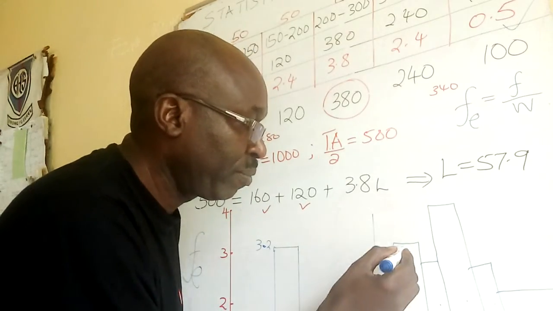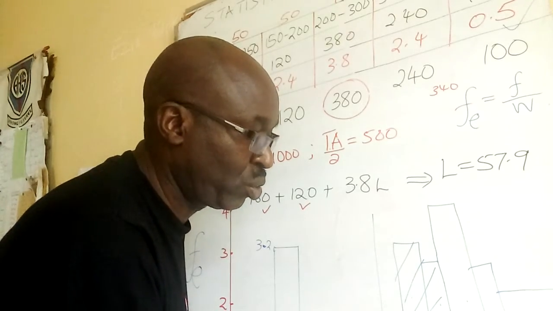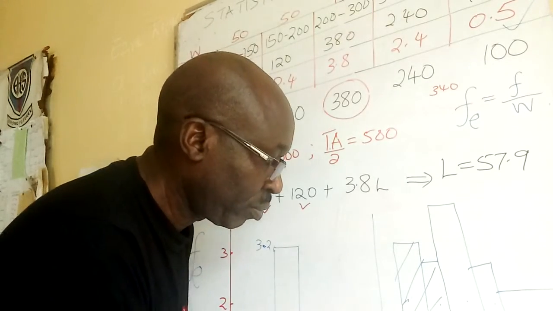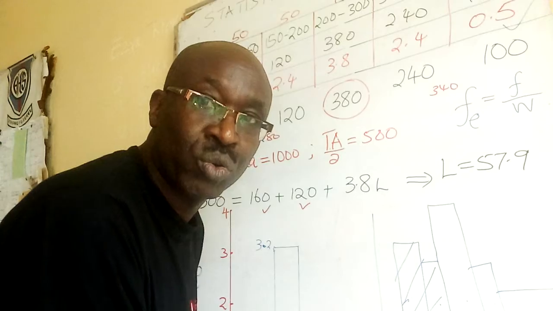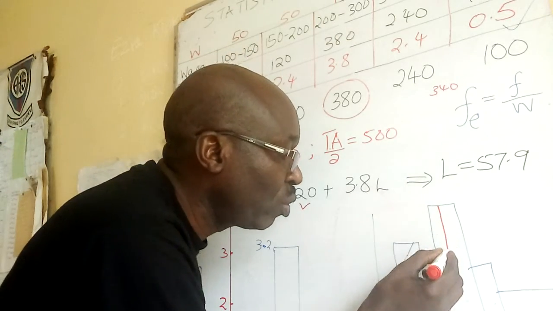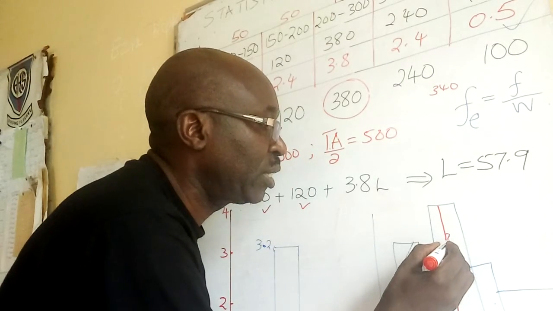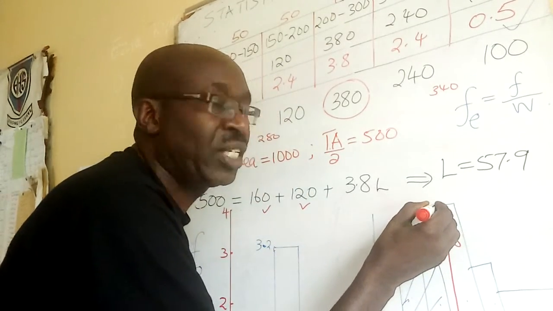So what we are saying, bar 1 and bar 2, plus a section. So we don't know which section. So we don't know where the line is. So this is what we are calling L, but this is 3.8, this length.